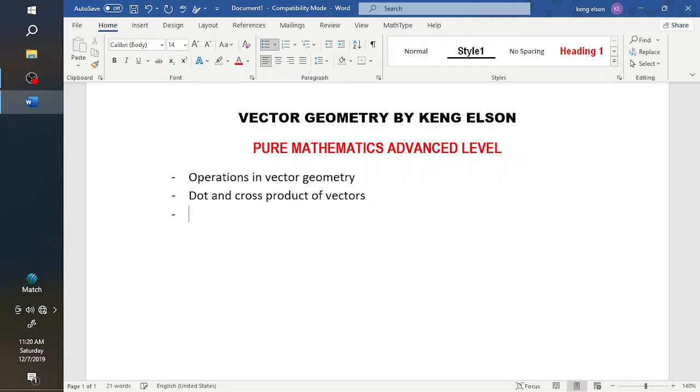After that, you have to note the vector equation of a line in space, which means in 3 dimensions.